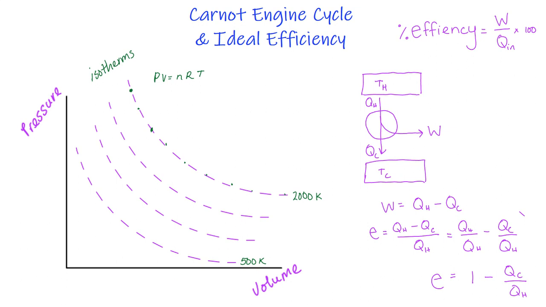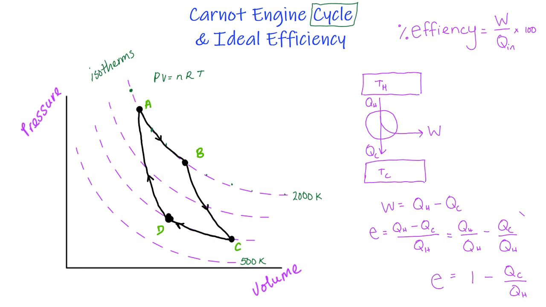Now what Carnot said was that the best combination of processes to make a cycle would be to do the following. So what I have on here is an engine cycle, so 4 different processes that start and end at the same point. And we need to define these specifically.